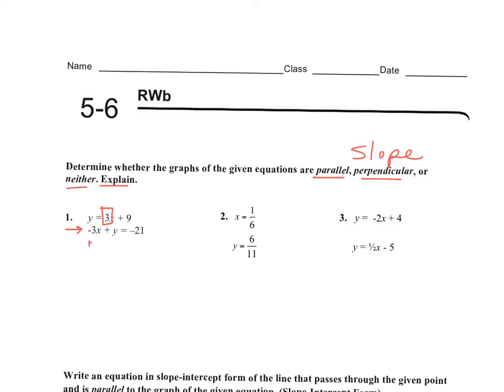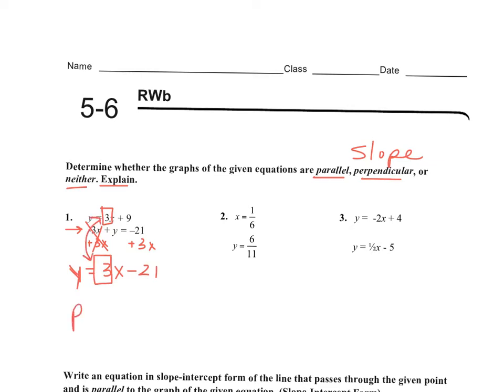So we would have to add 3x to both sides. What we get, this goes away, y equals 3x minus 21. So that would be the right equation now. And if you look, they both have a slope of 3.